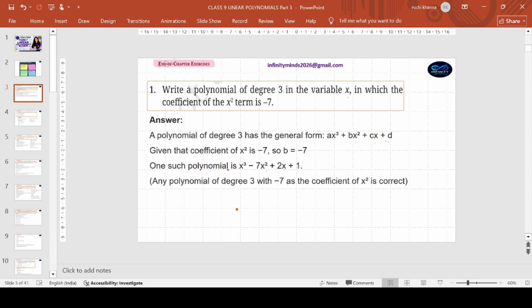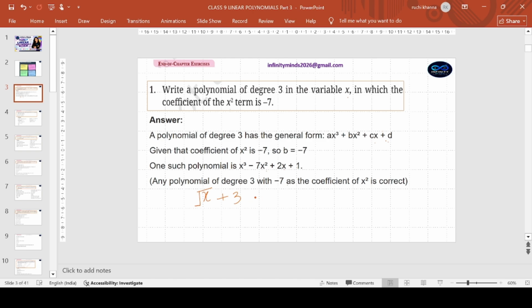Yes, in fact, before proceeding, I would like you all to just give it a thought. I'm giving an expression in variable x only, root x plus 3. It's an expression in a single variable x.